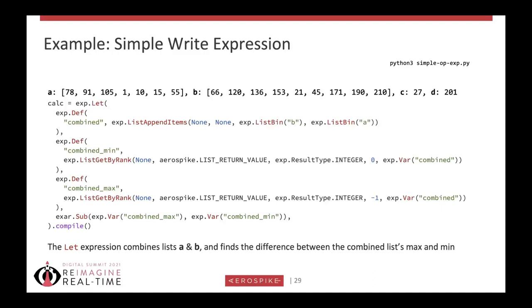And we're going to declare another variable called combined max, which again takes the variable that we just calculated called combined, and it's going to find the -1 rank, meaning the highest rank for it. And now that we have those 3 variables defined, we are going to take the difference between the max and the min and return that.